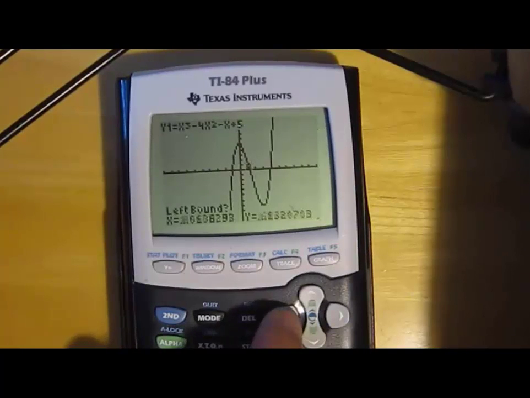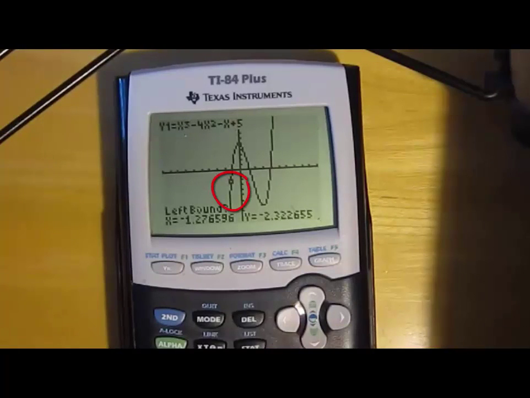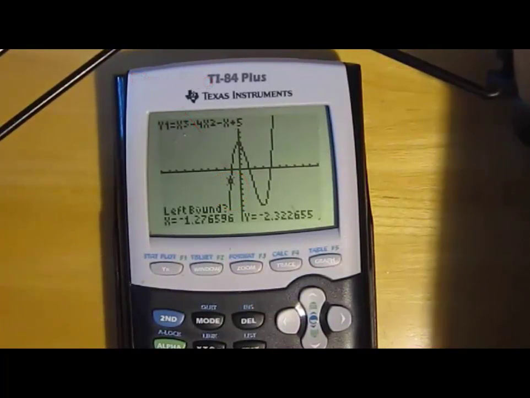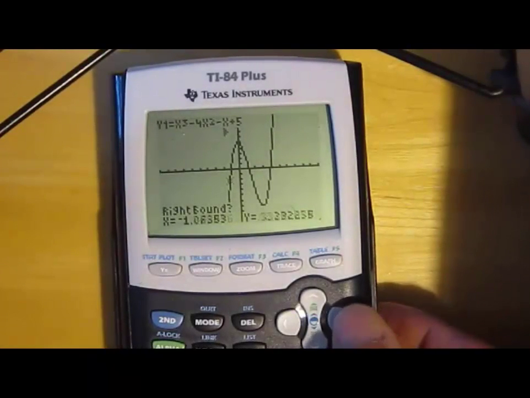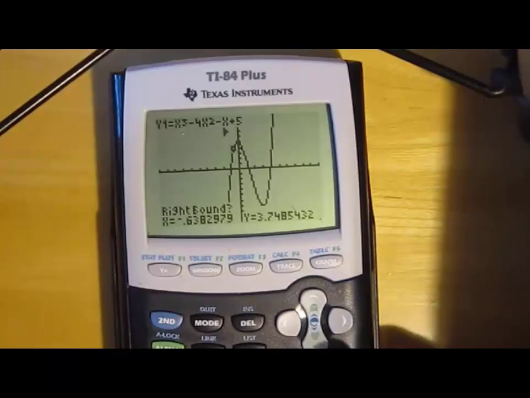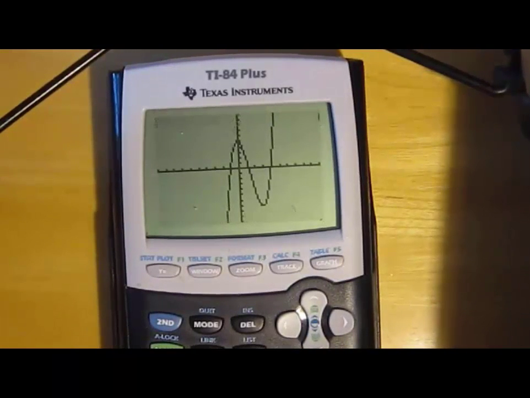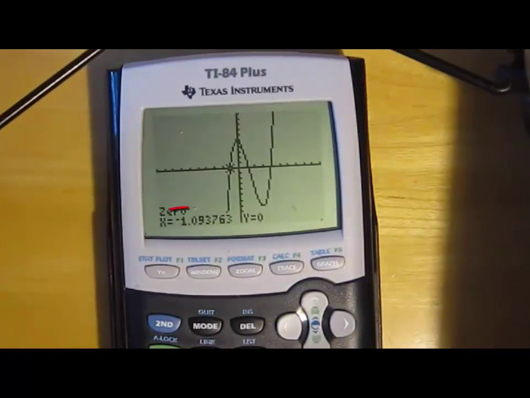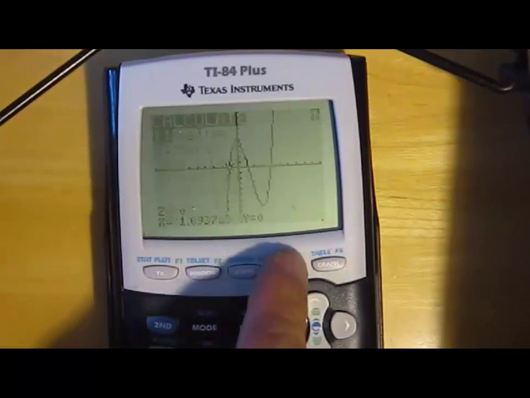Then you can see the blinking cursor. Move the cursor to the left of the first zero. Then hit enter. They will ask you the right bound now. So move the cursor to the right of the zero and hit enter. Then they will ask you to guess, yes. Now they show you the first zero, which is negative 1.093.